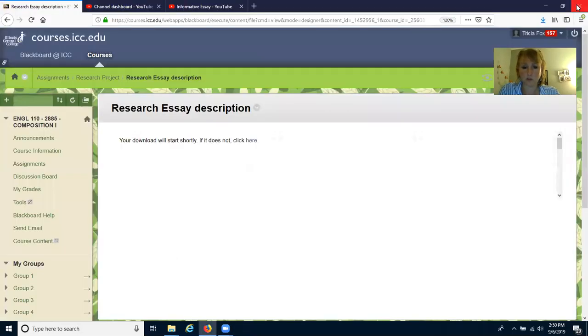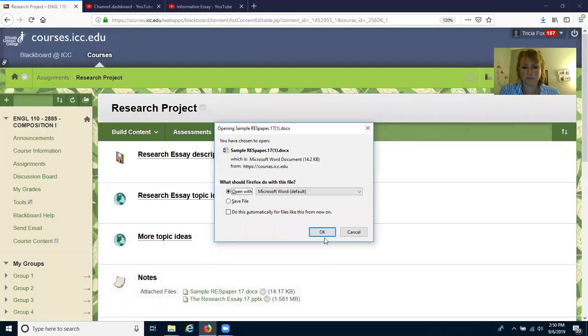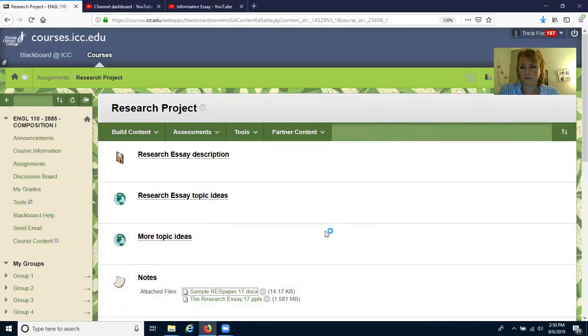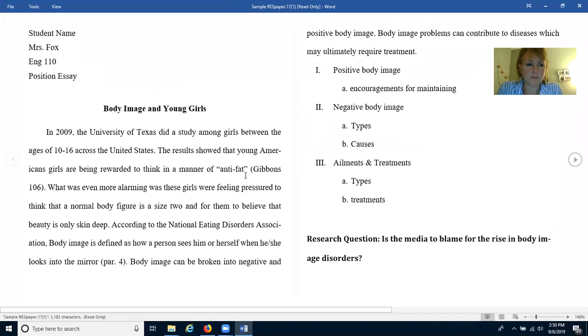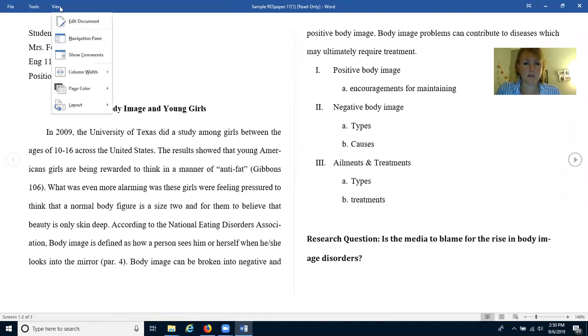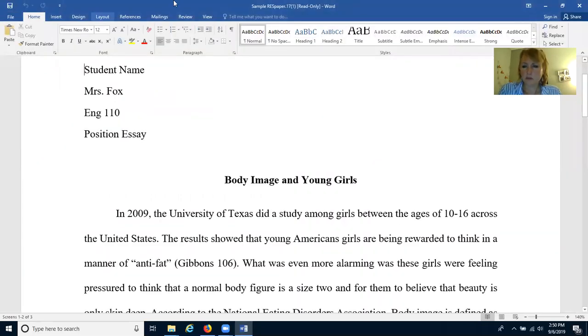We're going to take a look really quickly at our sample research paper. So under the notes, you should see sample research paper. Go ahead and open that file and take a look at it. So this was a research paper done by a previous student. This is, I believe, the outline. So the student started with body image in young girls.